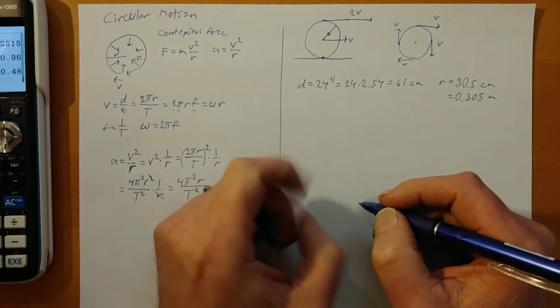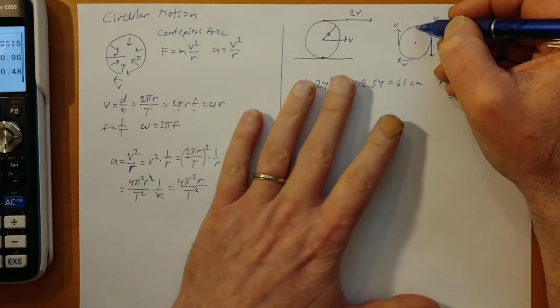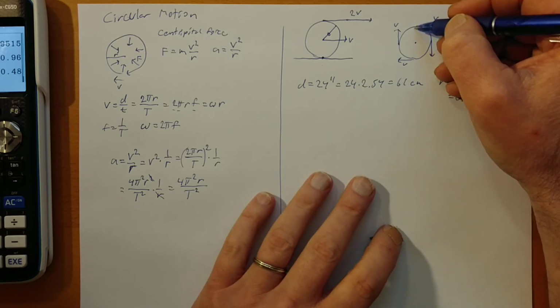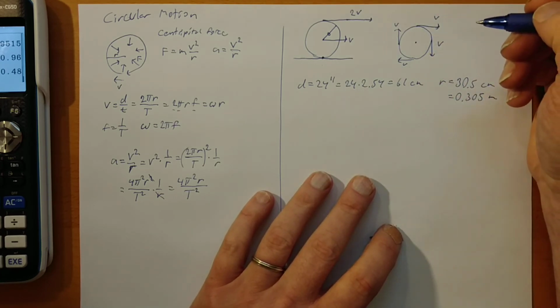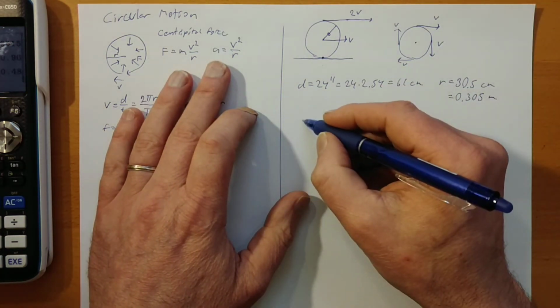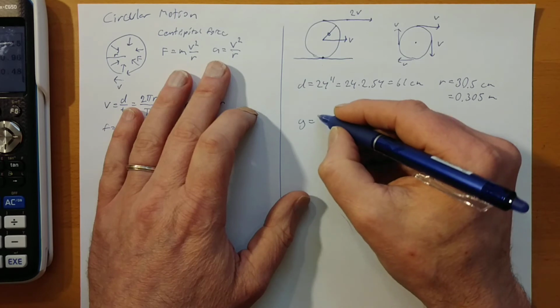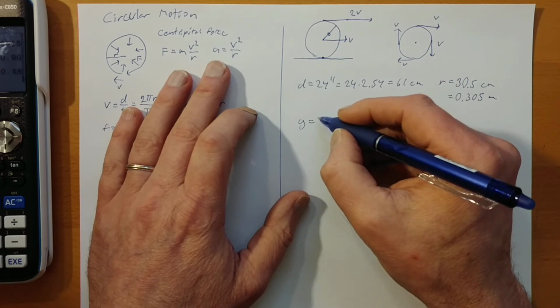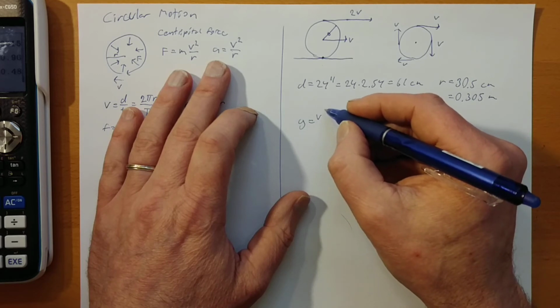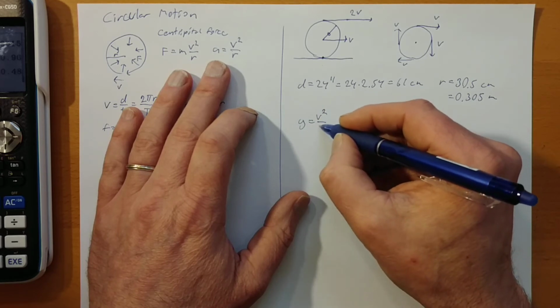Our goal, as I said, was to stay up here, which means that we need an acceleration such that it will withstand the force of gravity, right? So we can say our acceleration here, that is g, should be equal to our velocity squared over r.